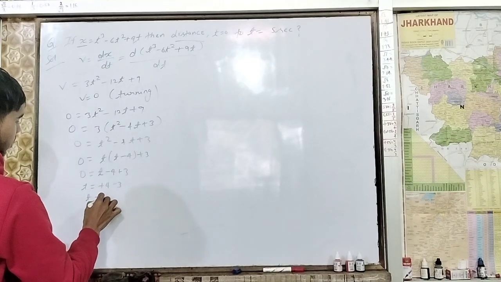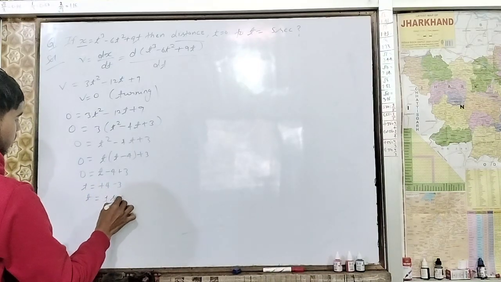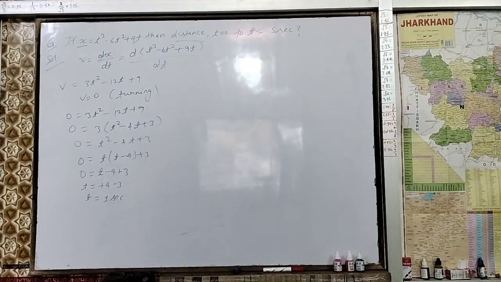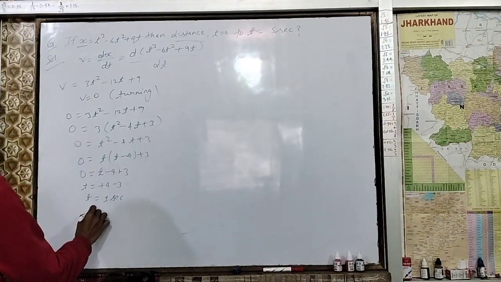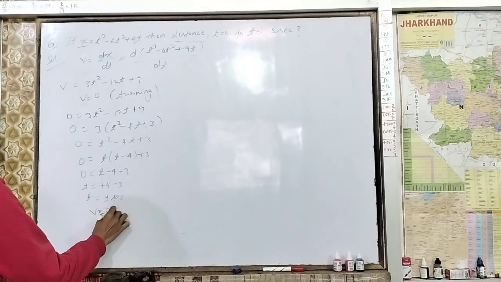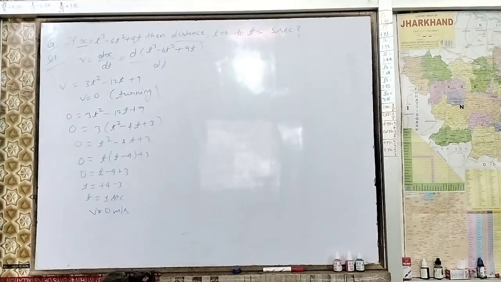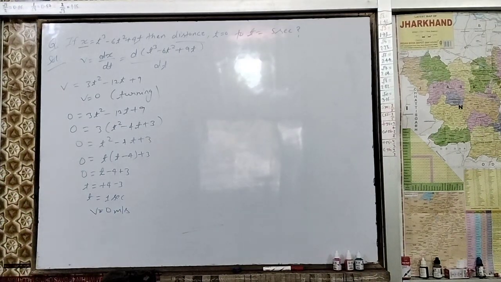T came as 1 second. At 1 second, velocity is becoming 0 meter per second. Okay. At 1 second, velocity is becoming 0.